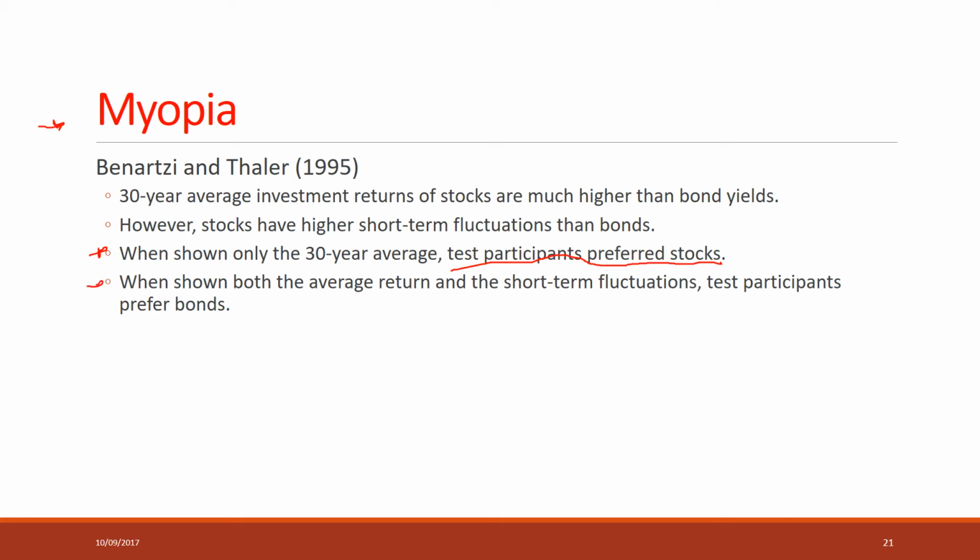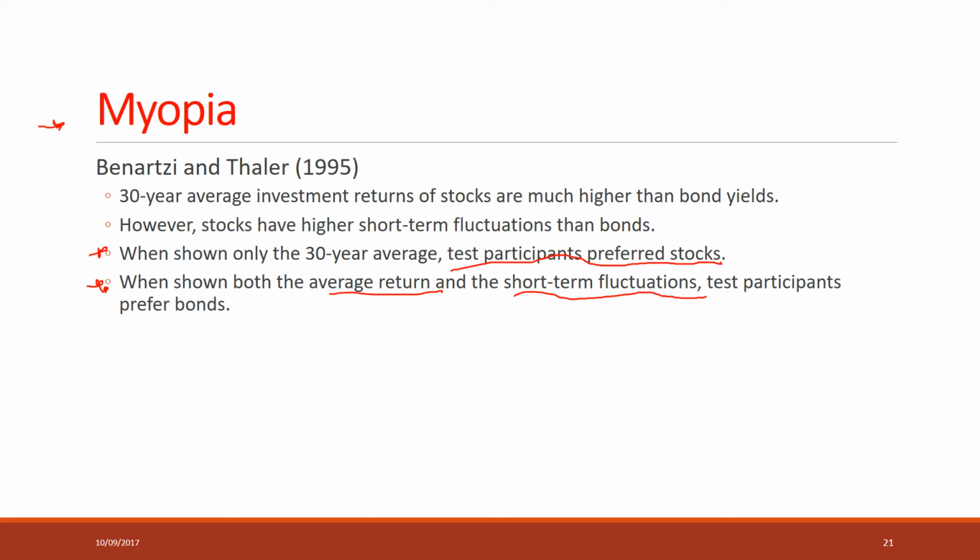However, in the next experiment, the economists showed the test participants both the average returns of stocks and bonds as well as the short-term fluctuations of stocks and bonds, right? So stocks tend to have higher short-term fluctuations compared to bonds. However, for a long-term investment horizon, short-term fluctuations should not be that important, right?